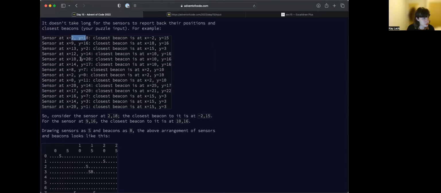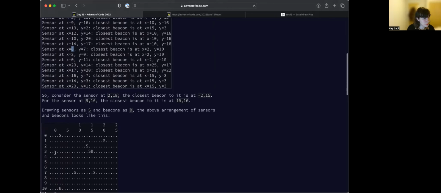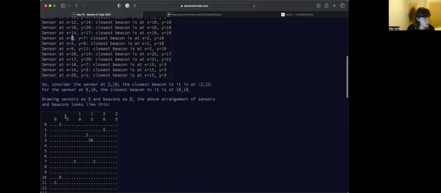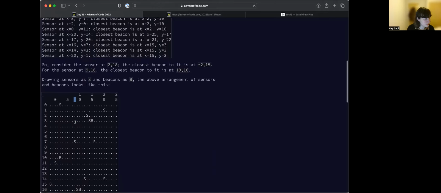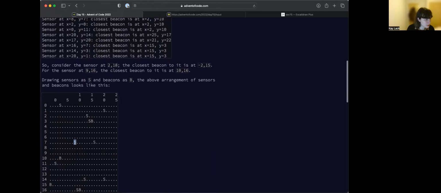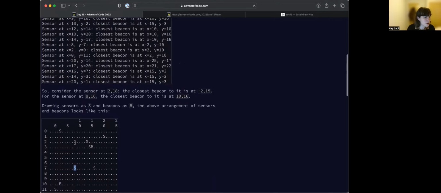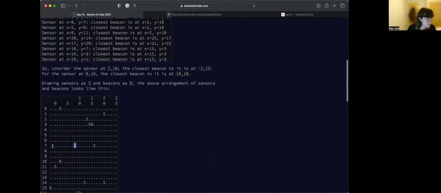So 8, 7. Sensor. The closest one is at 2, 10. 2, 10.